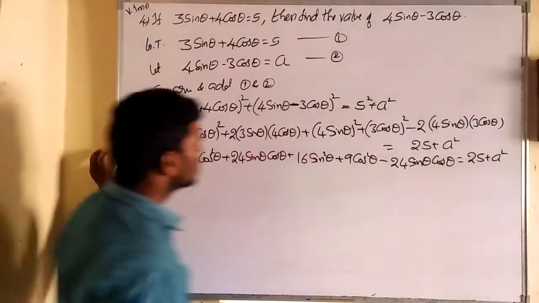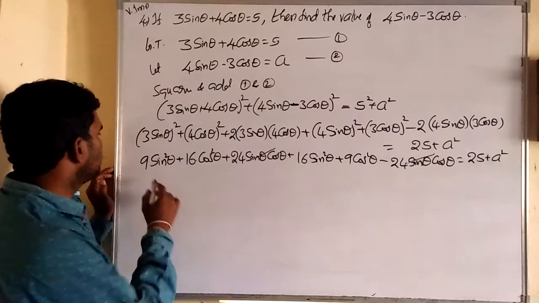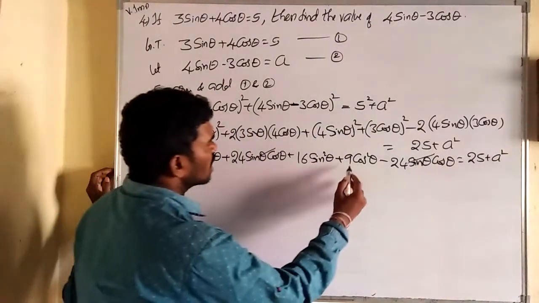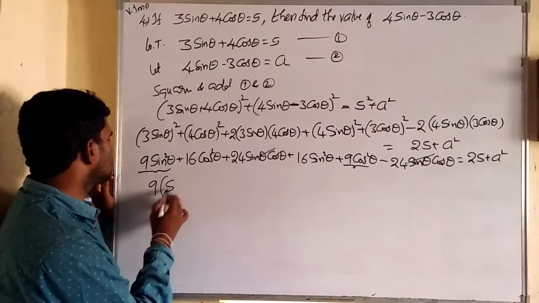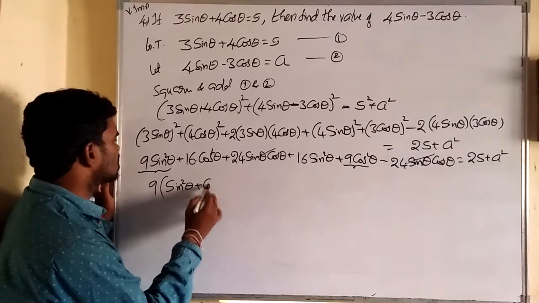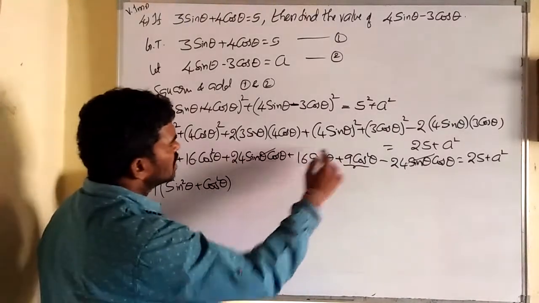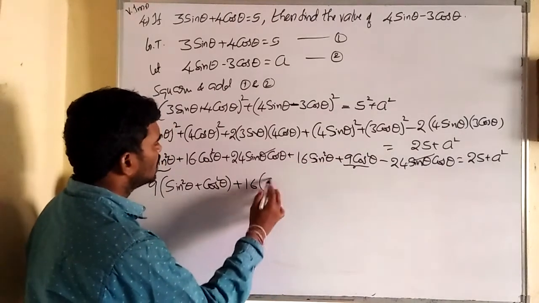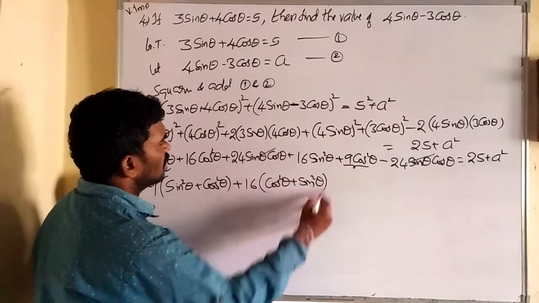See, the same terms, one is positive and one is negative, so they cancel. Then remaining, here 9 sin square and here 9 cos square. In both we can take 9 common, so remaining is sin square theta plus cos square theta. Next, from the remaining 16 we can take out common, then cos square theta plus sin square theta.